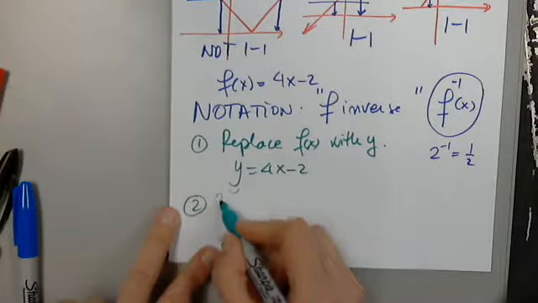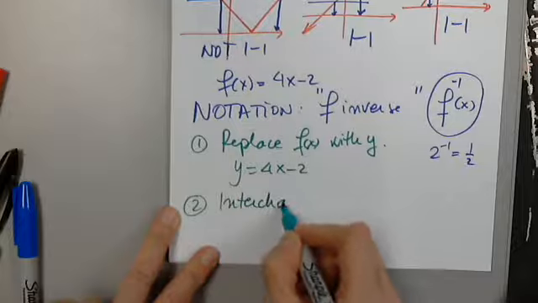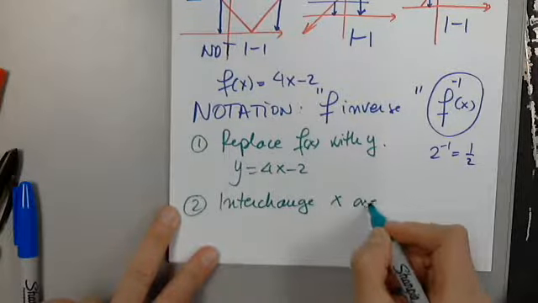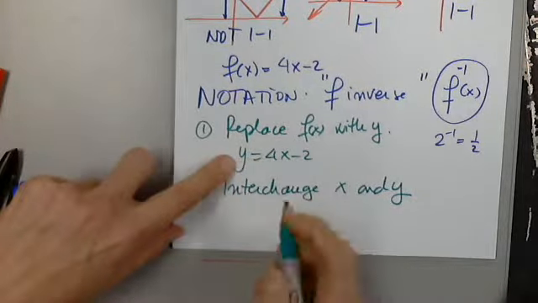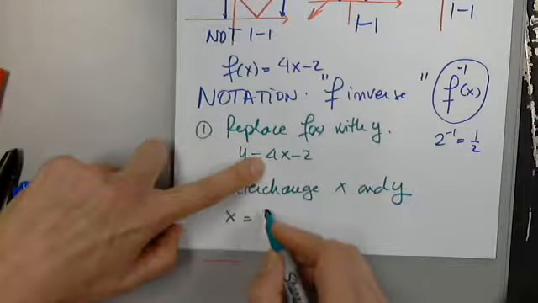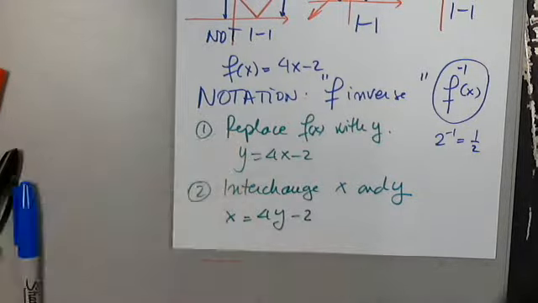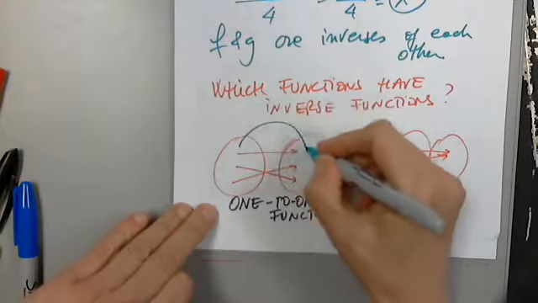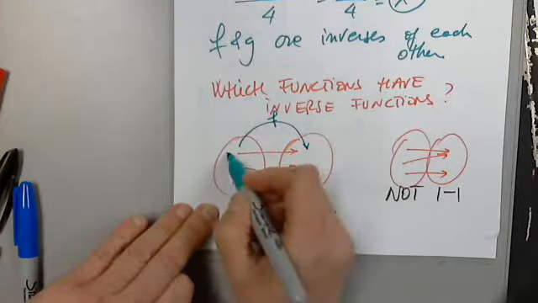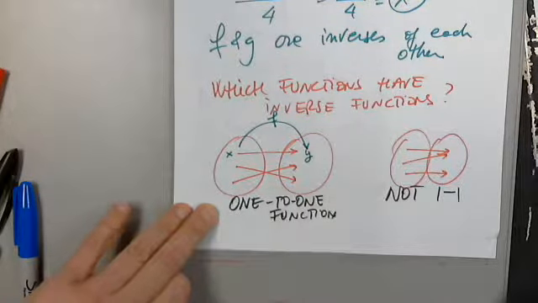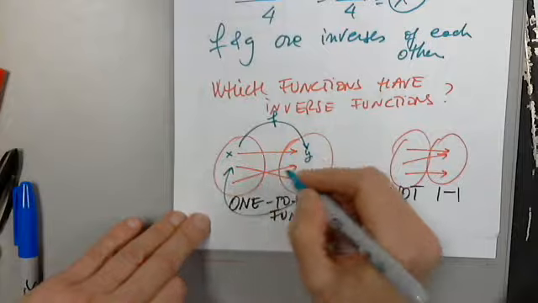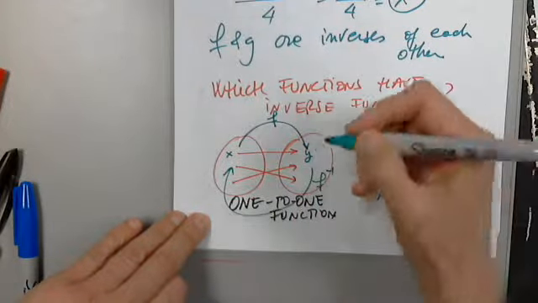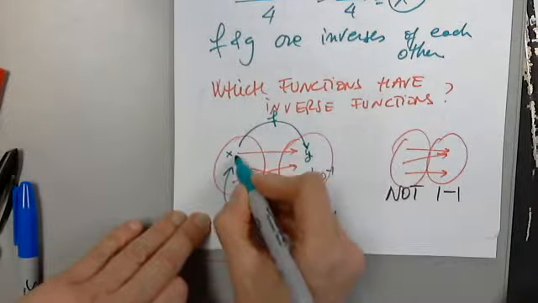Number 2. I'm going to write it and then I'm going to ask you again if I'm allowed to do this. Interchange x and y. Meaning, I see y, I put x. I see x, I replace by y. So now the question is, would you allow me to? And let's discuss this before you answer. So the function takes x to y. The inverse function will have to take this value back where it came from.